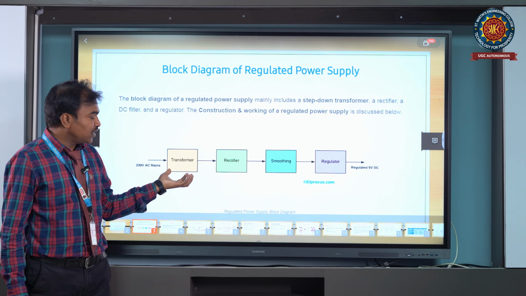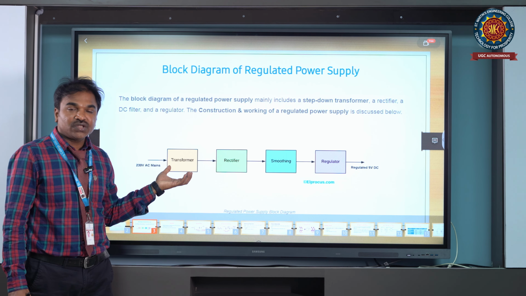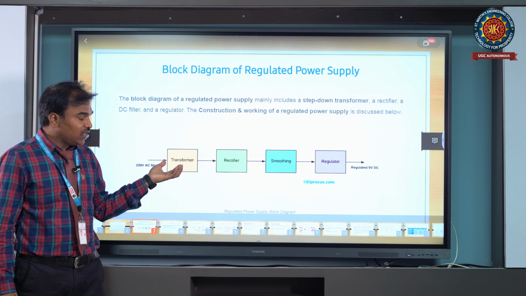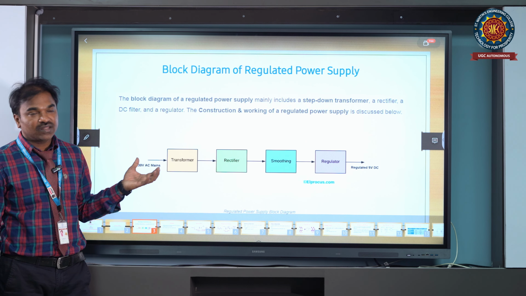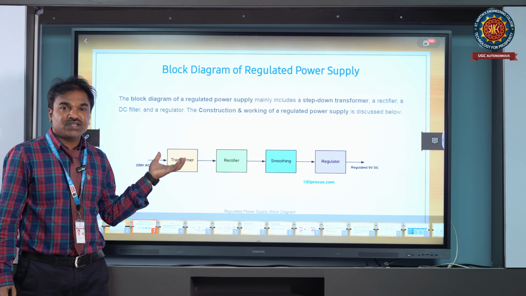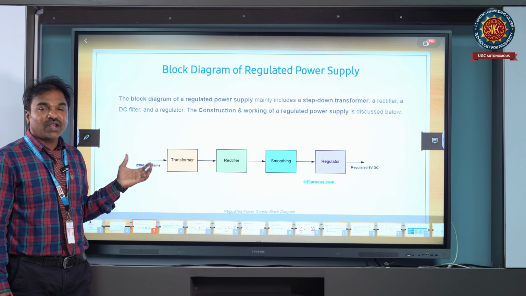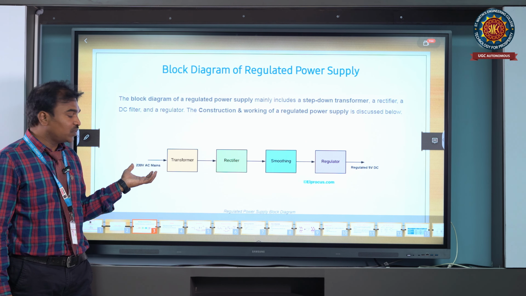The first section is the transformer. What is the use of the transformer? Two types of transformers are there: step up transformer and step down transformer. The AC input is a high input voltage, 230 volts.